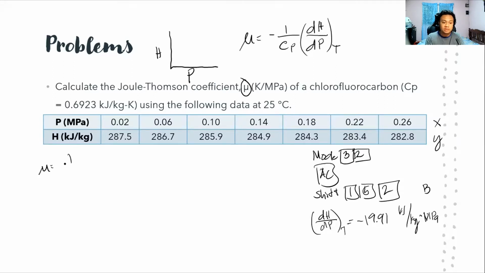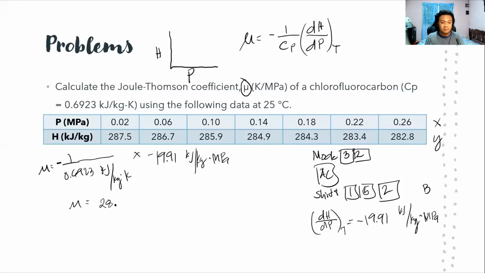So mu is 1 over the Cp, so negative 1 over 0.6923 kilojoules per kilogram per Kelvin, and then multiply that by the negative 19.91 kilojoules per kilogram MPa. You will get 28.8 Kelvin per MPa.